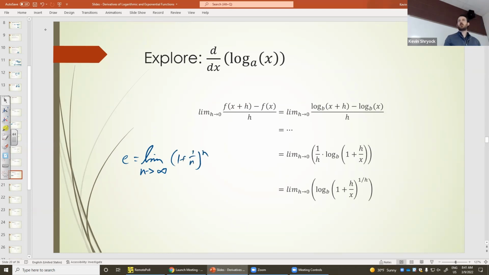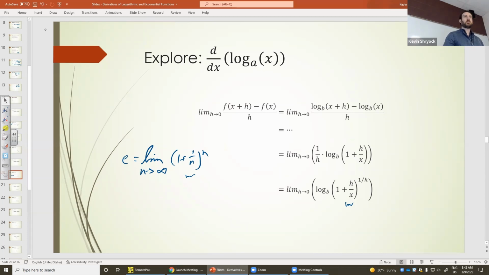Looking close. The challenge is that right now, a couple of different things. One, I don't have a limit going to infinity. I have a limit going to 0. That's about as different as you can be. However, if h goes small, that makes this fraction small, in the same way that if n goes big, it makes this fraction small.